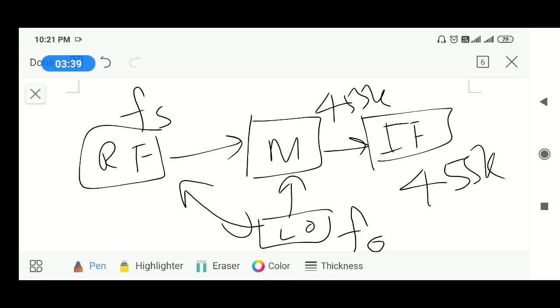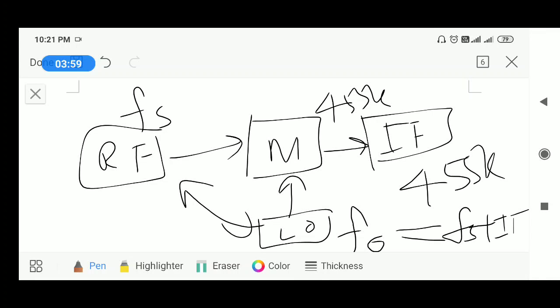Let's say there are many frequencies from F1 to F3, and your desired frequency is tuned such that the local oscillator frequency is the desired frequency plus IF.